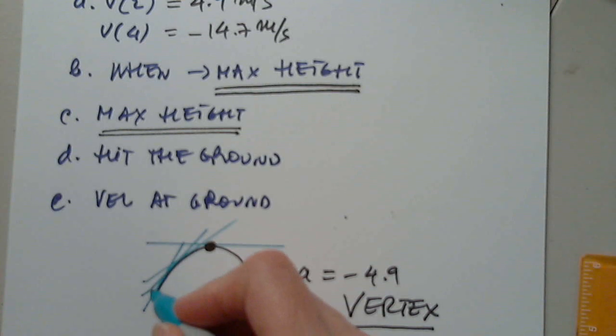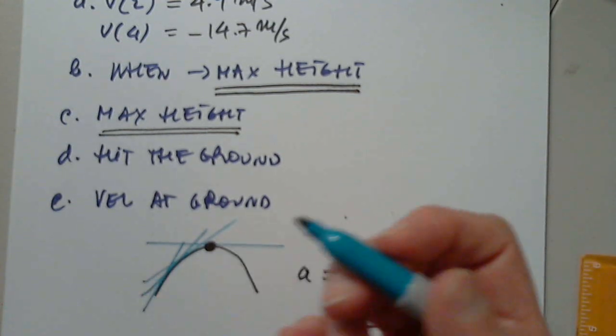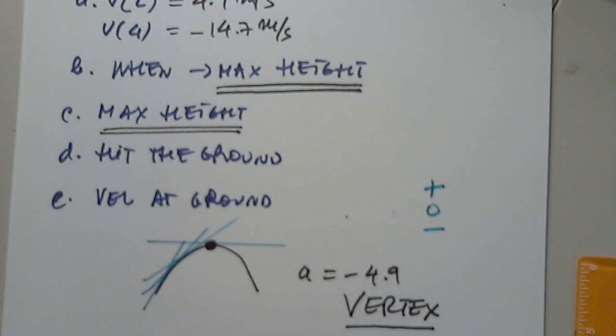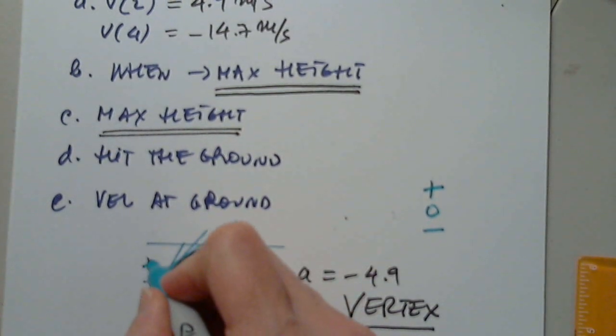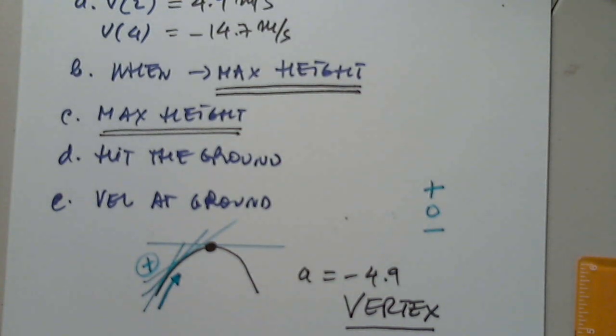What type of slope does this line have? In other words, I'm asking positive, 0, or negative. Positive? All positive, because the function is increasing. Good.